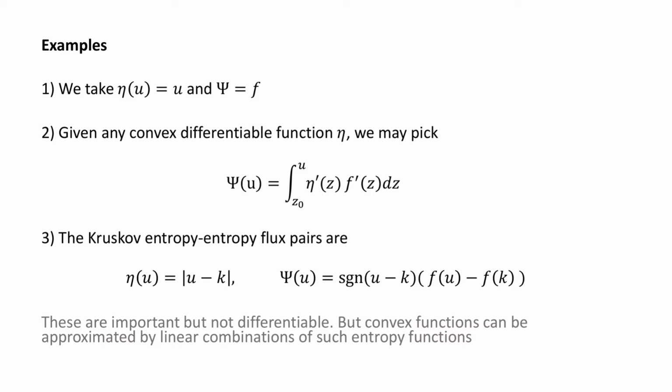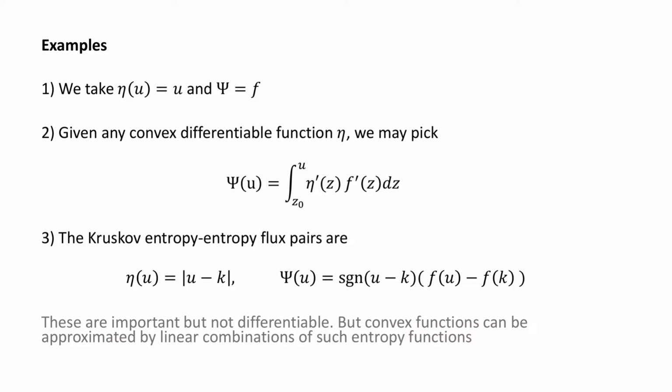And with that definition, eta, psi will be an entropy-entropy flux pair compatible with the flux f. Let me emphasize that the choice of z naught is completely arbitrary here. Varying the choice of z naught will only change psi by addition of a constant. But as we shall see, this constant never matters in calculations.